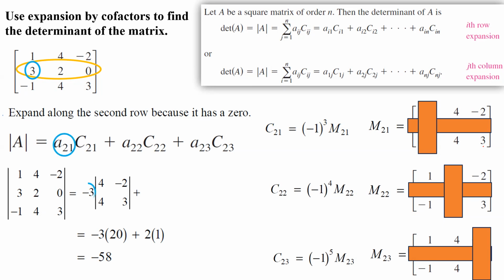This is just highlighting what is A sub 2 1. Plus 2 times the determinant of the matrix that you calculated here, M sub 2 2, which is your minor by deleting the second row and the second column. Note that your second entry is A sub 2 2, which is 2.